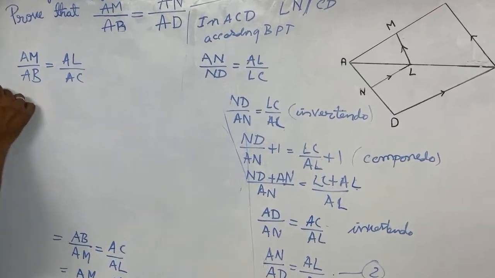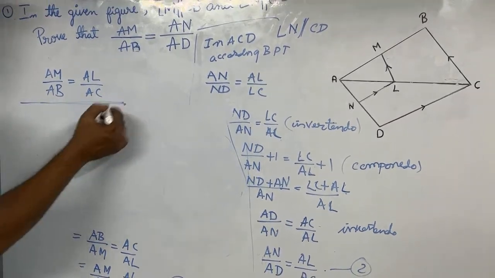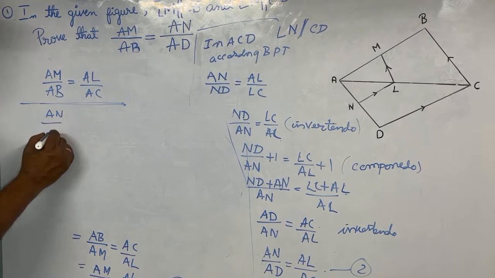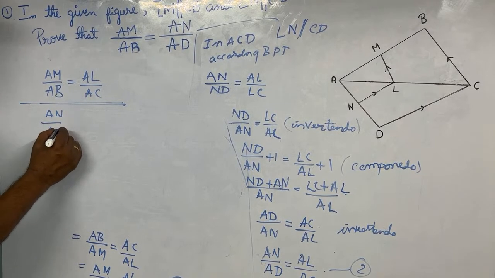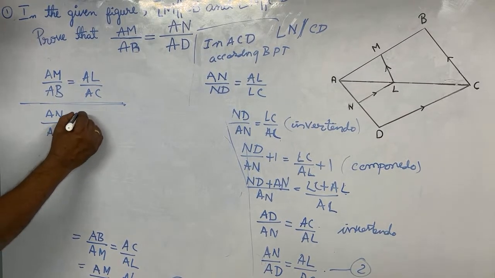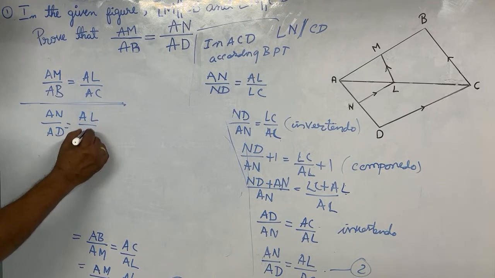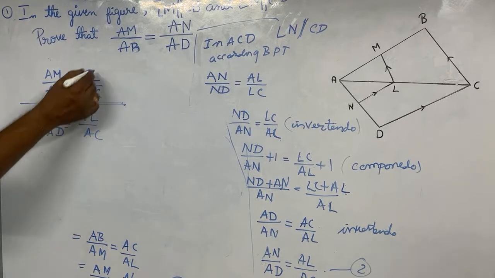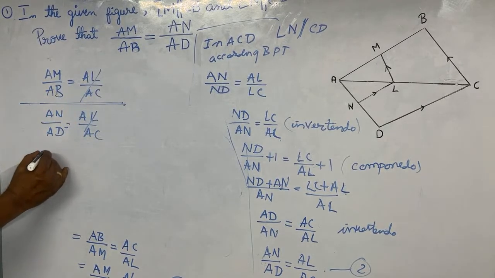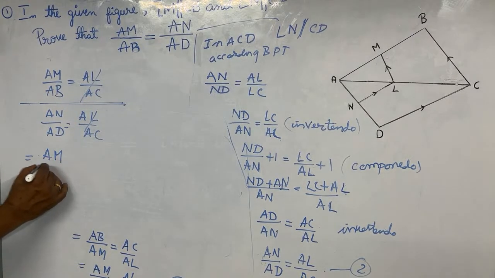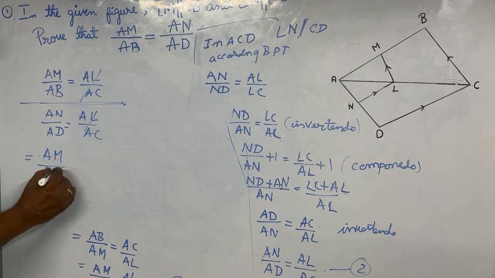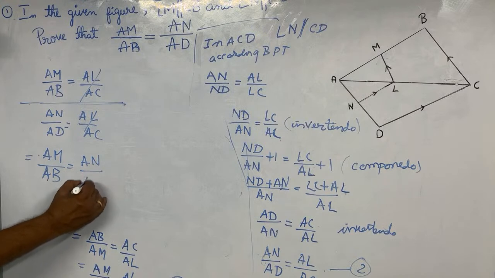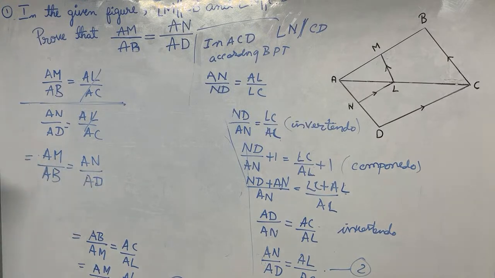Equation number 2: AN by AD is equals to AL by AC. Now when equating, AL by AC cancels on both sides. What is left is AM by AB is equals to AN by AD. Whatever we wanted, we got here.